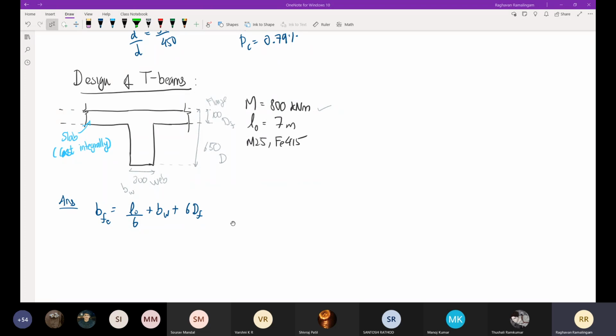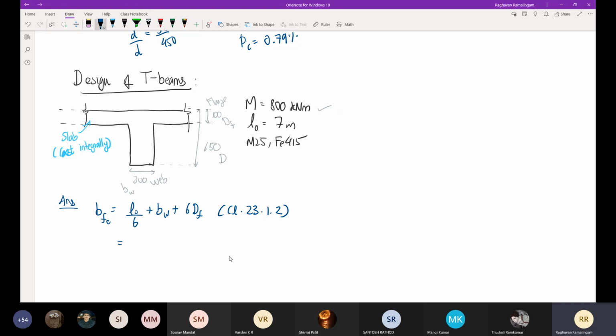The formula is present on page 37 of your code book, clause 23.1.2 in IS 456. So this is the effective width of your flange.